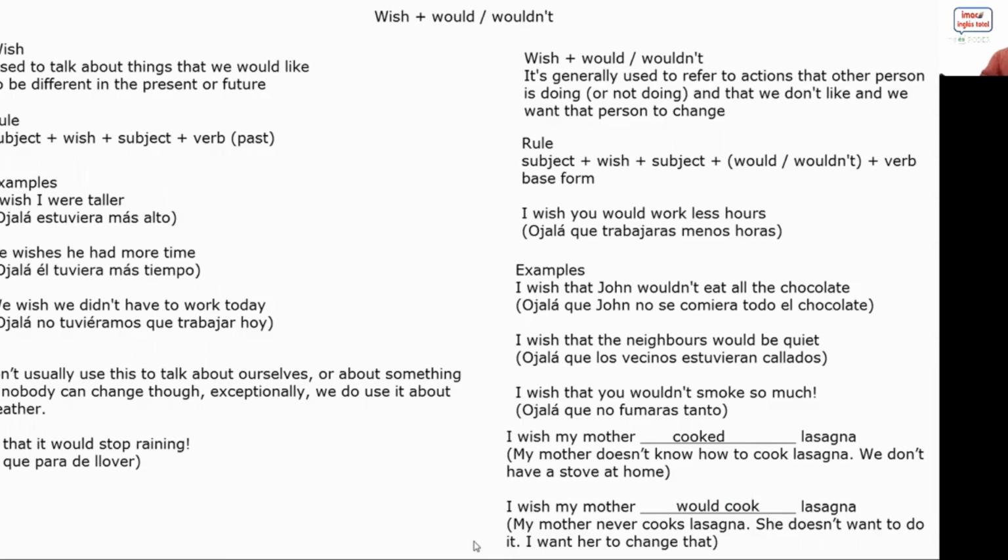Yes, because my mother never cooks lasagna. I don't like that. And I want her to change this. I'm referring to a situation that a person is doing or not doing that I don't like and that I want this person to change.